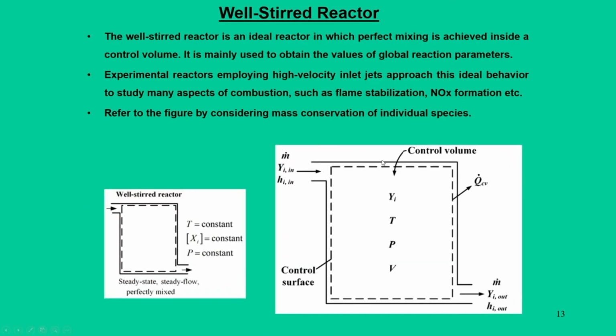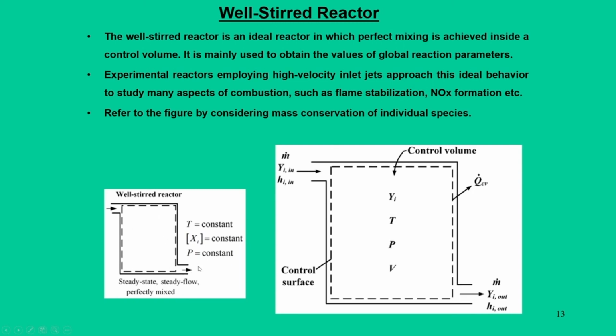The next reactor that we are going to analyze is a well-stirred reactor. Till this point we have been looking at how the reaction takes place with respect to time. But a well-stirred reactor is a steady state, steady flow, perfectly mixed reactor. We can imagine that some fuel is entering continuously, mixing takes place, and products are leaving.